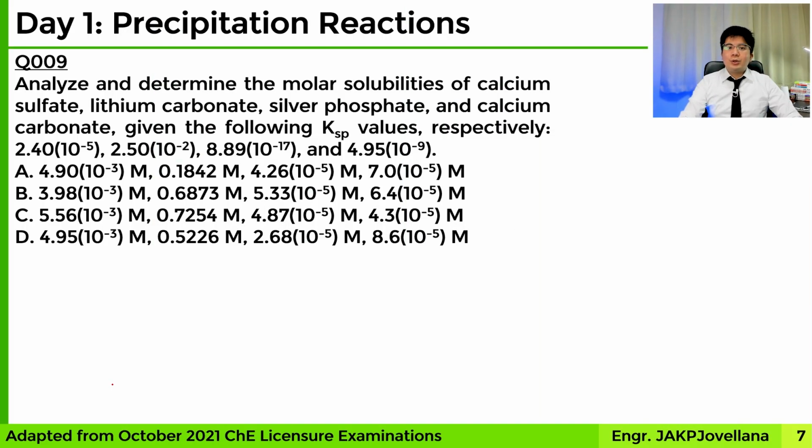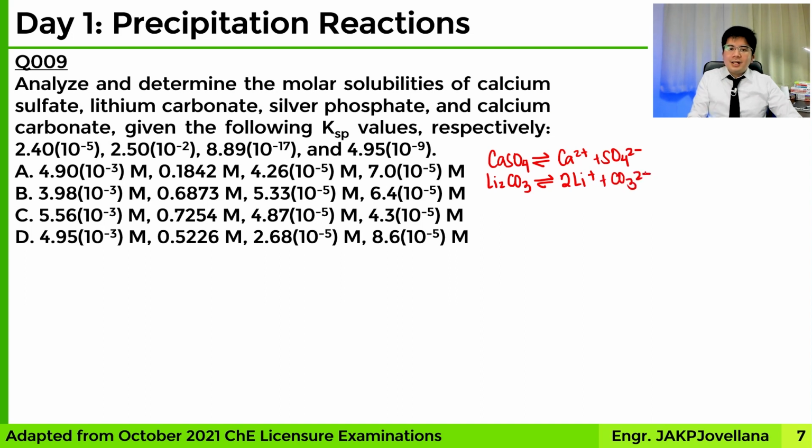To start solving this problem, we first need to express the precipitation reactions of the species. So first, we can write calcium sulfate, CaSO4. This is in equilibrium with Ca2+ and SO4 2-. Next, for lithium carbonate, we have Li2CO3, and this is in equilibrium with 2 Li+ and carbonate ion.